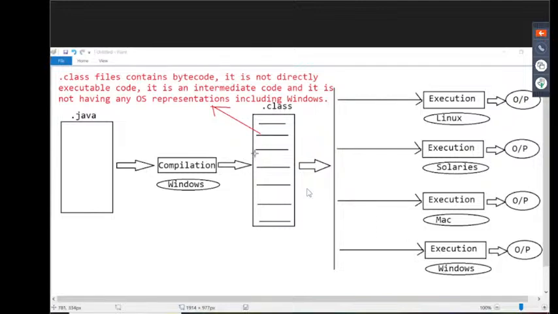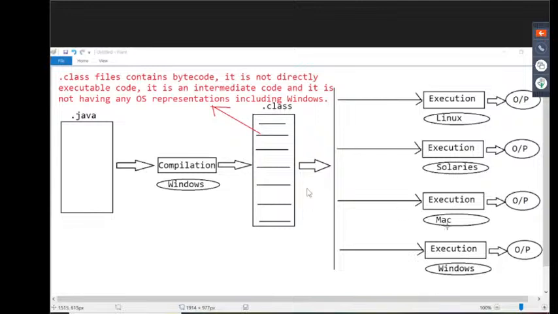If you want to execute any bytecode in any of the operating systems, that bytecode must have the local operating system representations. That bytecode must have Linux representations, then only we can execute it on the Linux operating system. That bytecode must have Solaris operating system representations, then only we can execute that bytecode in Solaris.